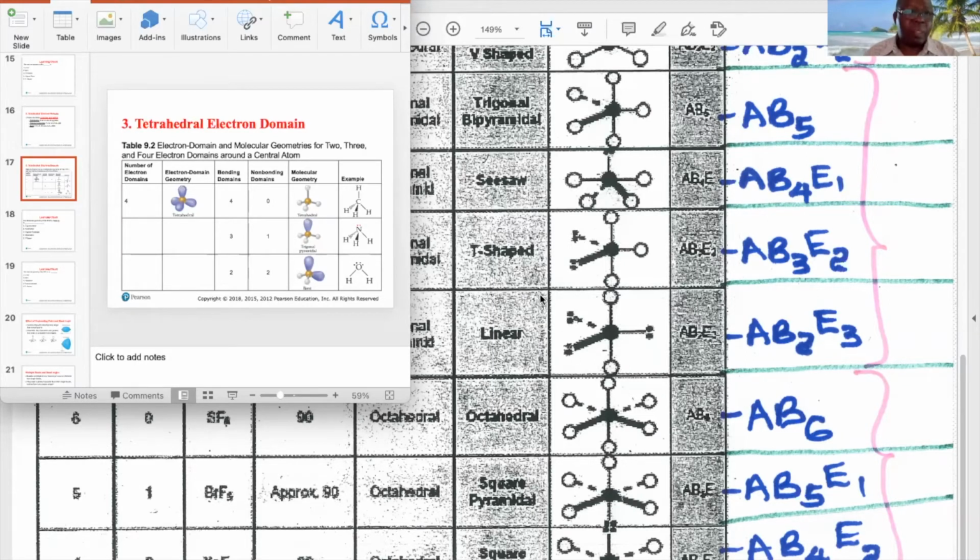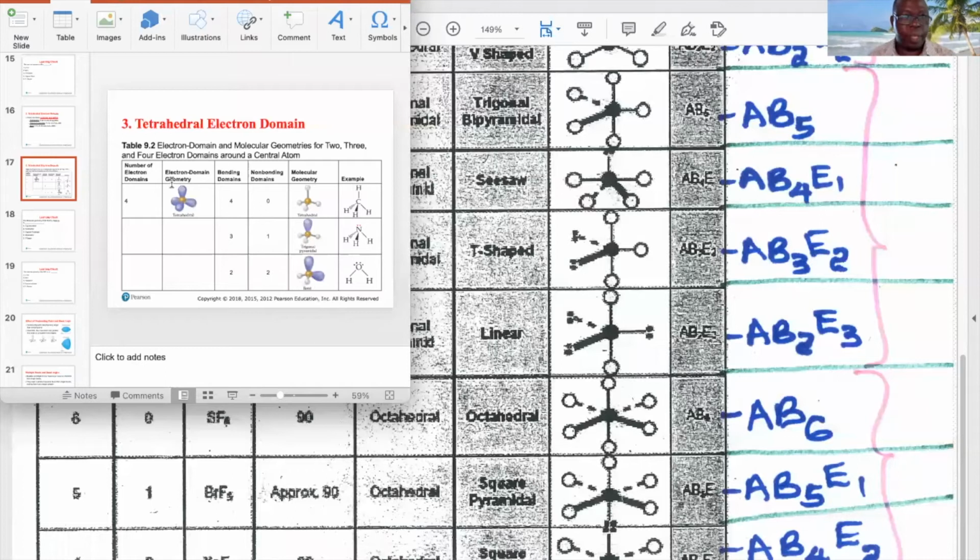Because sometimes a question could be on molecular geometry or on electron domain geometry. These describe the electron domain geometry, tetrahedral. And in tetrahedral electron domain geometry, you can have molecular geometry of tetrahedral, trigonal pyramidal, or bent shape.